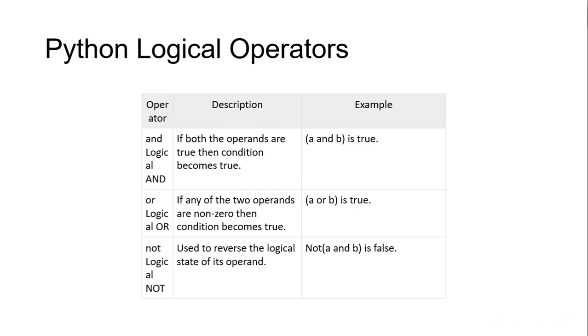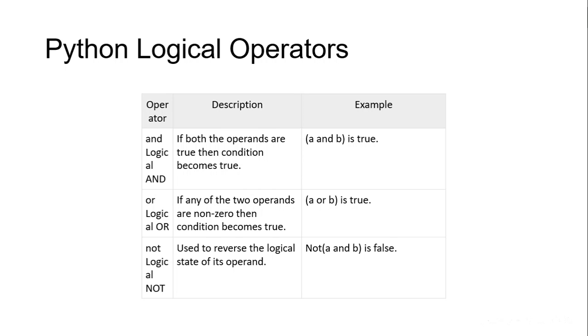In the OR condition, the compiler only checks the value of one variable. If a is 2, then the entire expression is true. If a is not true, then it checks the second value, that is b. If b is true, then the return from that expression is true.